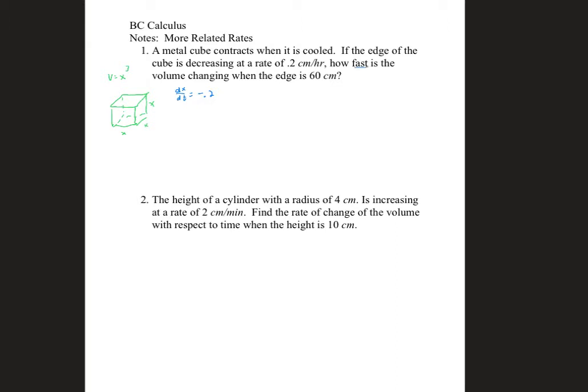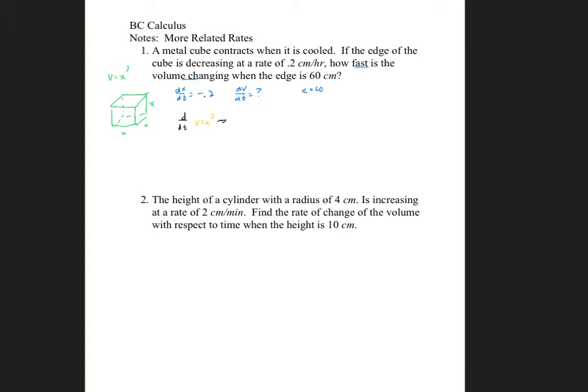We want to know how fast the volume is changing, so we are looking for dv dt. That's our goal. And this is going to be when an edge is 60 centimeters, so our value of x will be 60. Starting with our volume formula, V equals x cubed, we're going to take the derivative of that with respect to t.